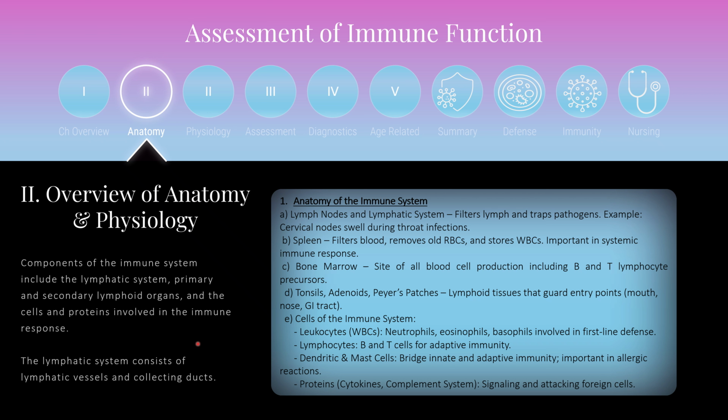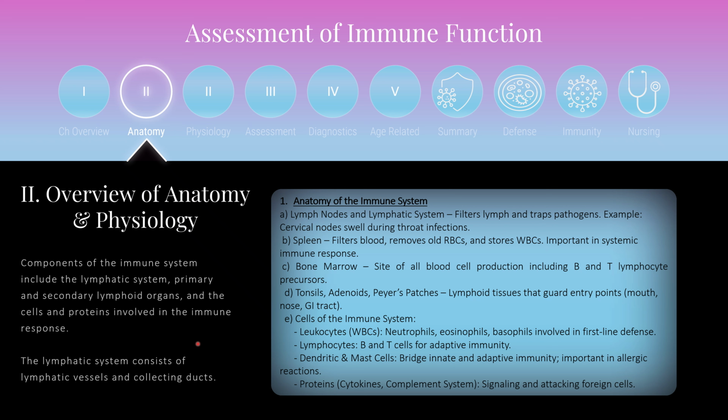C. Bone marrow, site of all blood cell production, including B and T lymphocyte precursors. D. Tonsils, adenoids, the Peyer's patches. I have a picture so you can see exactly later in the video. Lymphoid tissues that guard entry points: mouth, nose, GI tract.